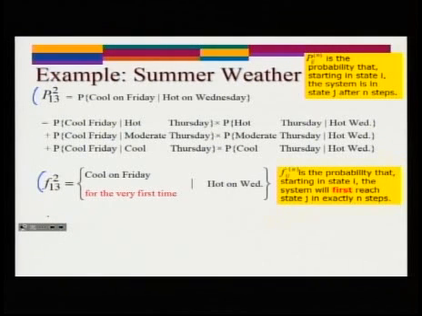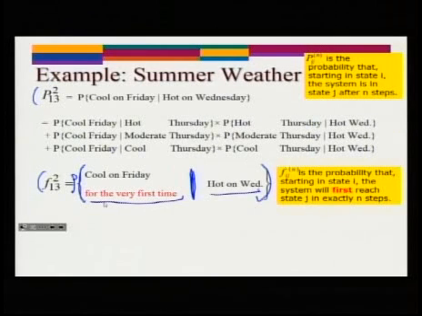So, in words, this should be the probability that Friday's weather will be cool, and that's going to be the very first time, given the Wednesday weather is hot. Again, the key word here is the first time, because we are talking about first passage probability. Okay? First visit probability.